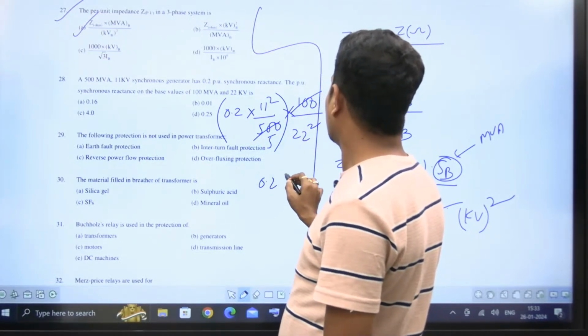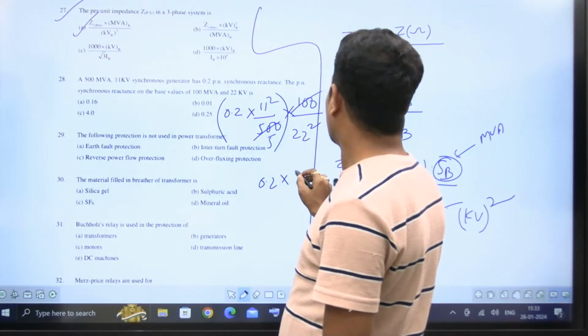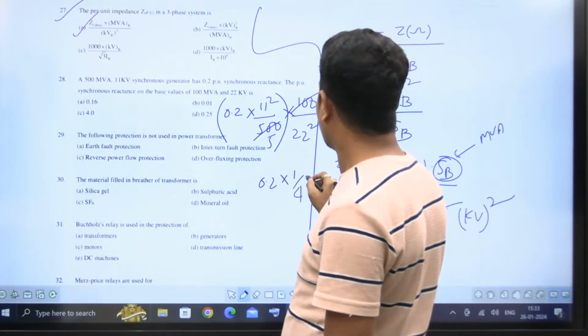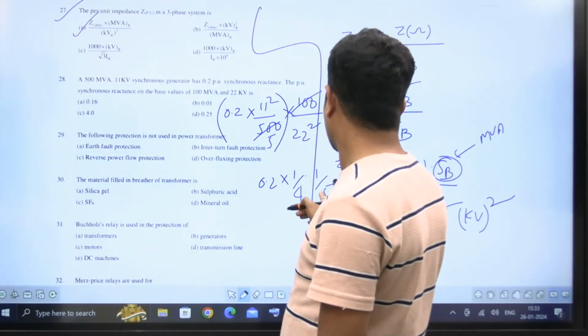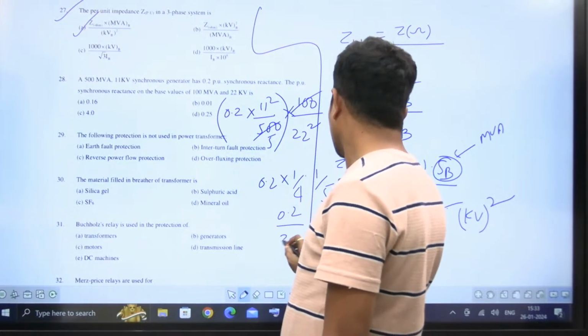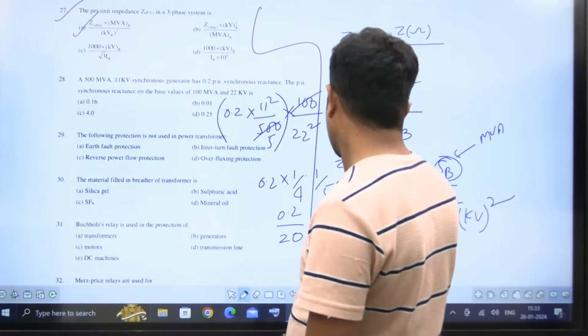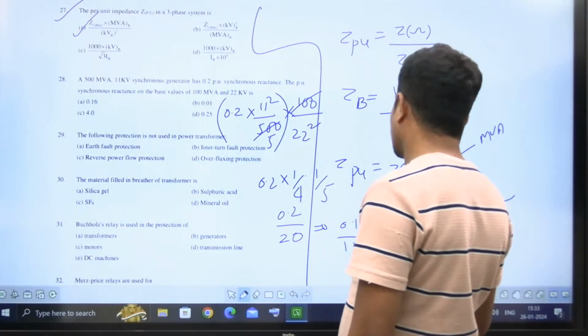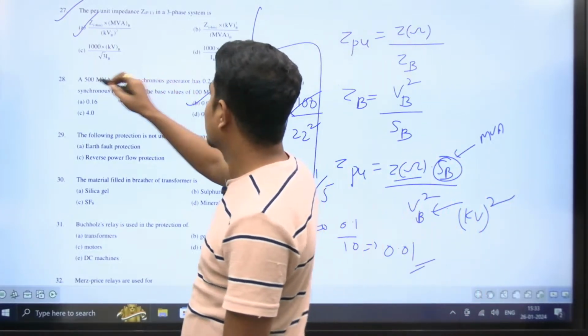So 0.2 into 11 by 22 whole squared means it is 1 by 4 into 1 by 5. So 0.2 by 20 is 0.01. Option is B.